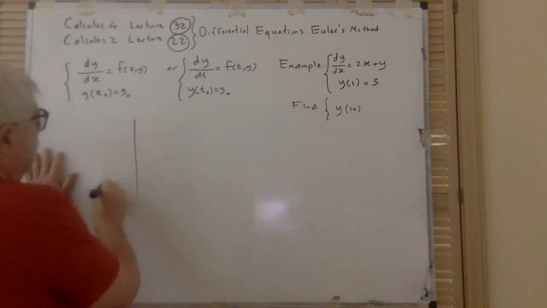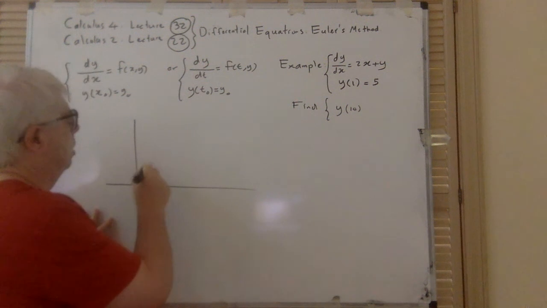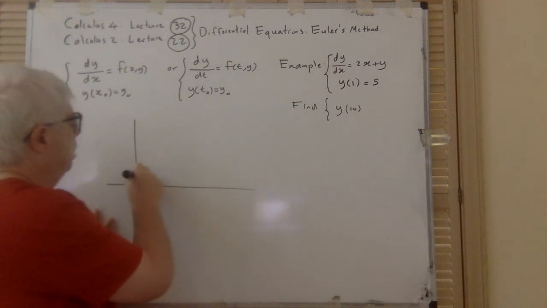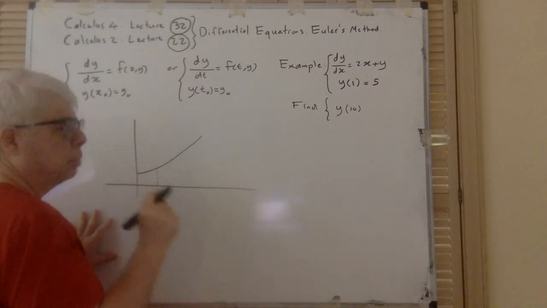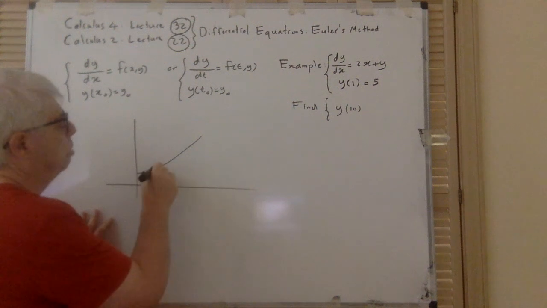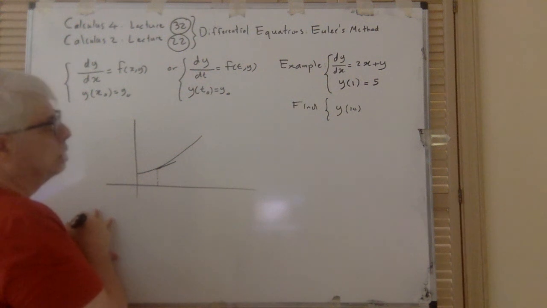Remember from Calc 1 that a function can be approximated about a point, which means locally, with its tangent line.